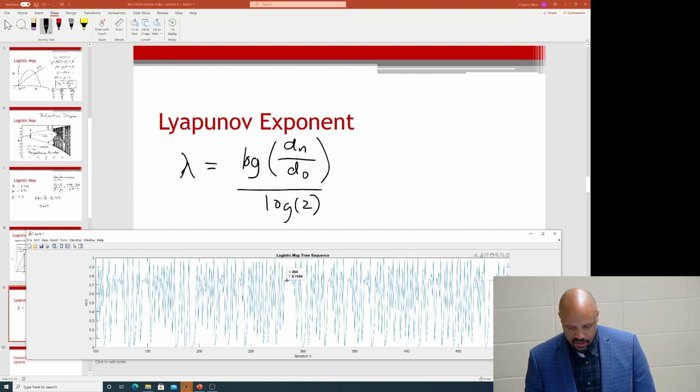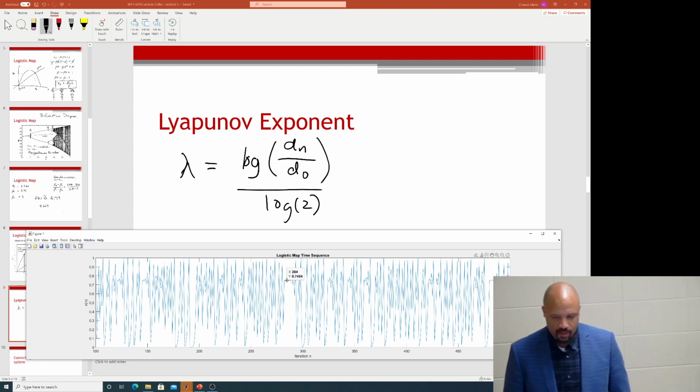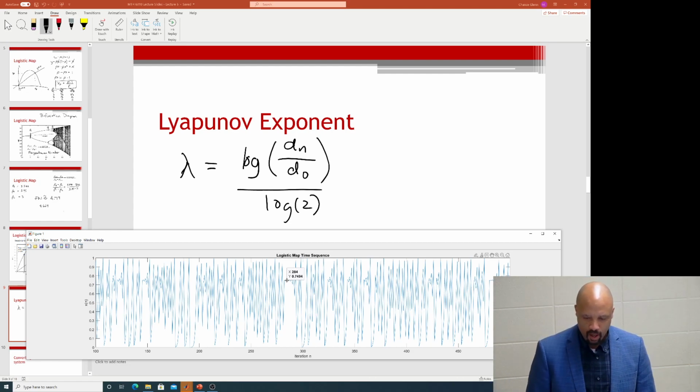So as you can see, that's where we are. And that's what it does. It walks away. Now, if this was to exactly fall on 0.75, it would stay. But it doesn't. I don't know if you can see these numbers, but that's 0.7503, and it's a little bit different, right?